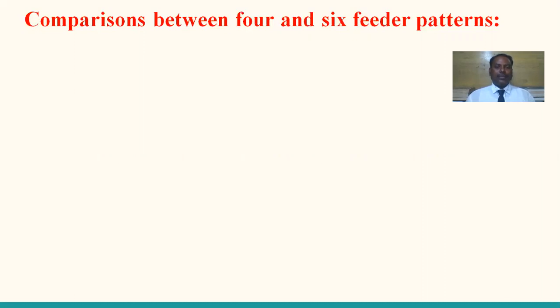So now it is time to compare the 4 feeder and 6 feeder patterns, that is, the comparison between square-shaped and hexagonal-shaped feeder patterns. Whatever equations were derived in the earlier case are helpful for us, so those equations are directly taken as a reference for the comparison.